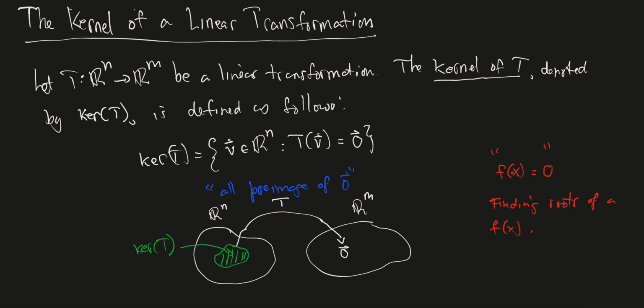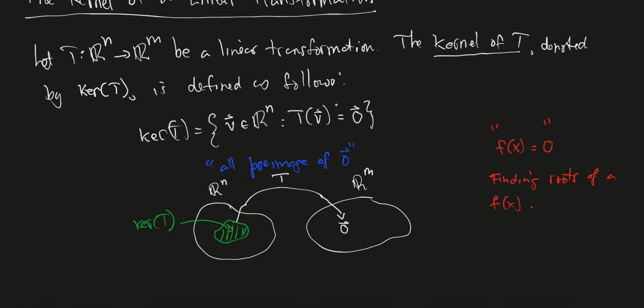It's an important skill, and essentially that's what we're finding now. We're finding the roots, but of a linear transformation. So we want to know all the vectors that when I plug them into this linear transformation will produce an output of 0. It's the same thing as finding, for instance, the roots of a polynomial. You're looking at what numbers, when I plug them into the polynomial, will give me 0, right? So I just wanted you to realize that this process, even though it's in a different context and we're giving it a different name, is analogous to finding the roots of a function.